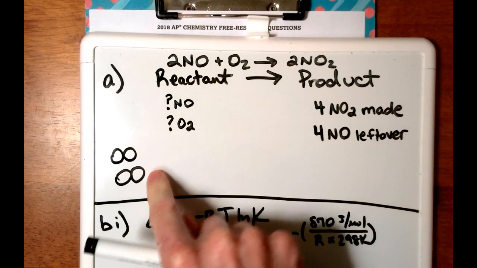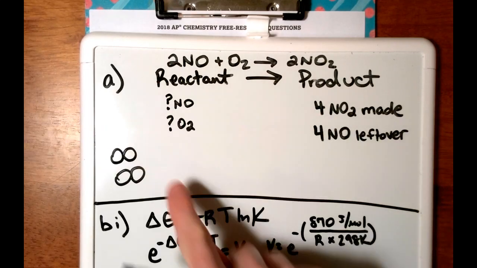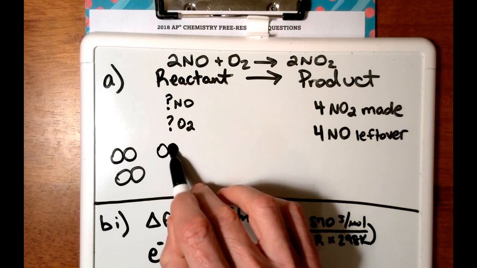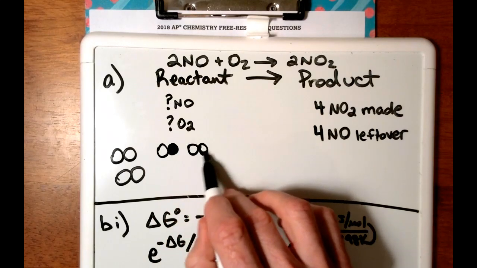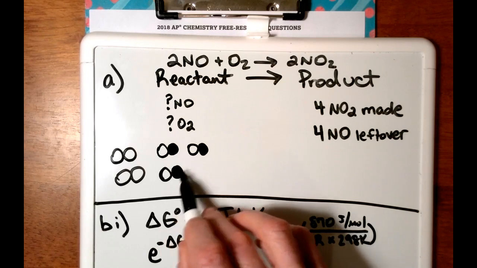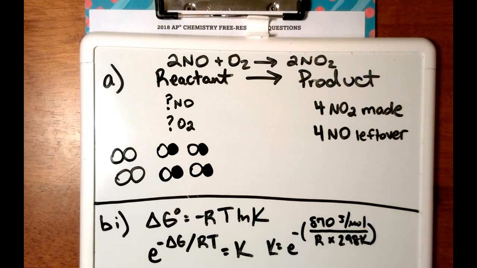Well, if it's 2 oxygens, every 1 oxygen reacts with 2 NOs. So this one's going to react with 2, and this one's going to react with 2. And here's where it's really easy to make a mistake.